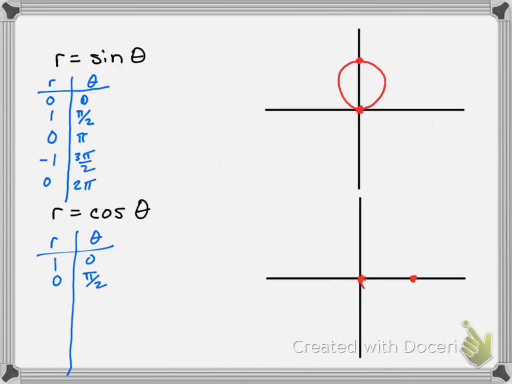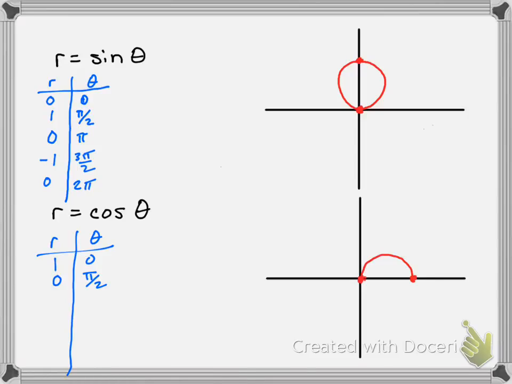I'm sorry, let me back that up. We started out over here, so we're coming this direction. Your polar graphs are always going to be curves, and they're going to be curved going in a counterclockwise direction. So our first point was here, and the second point was here, so we go in a counterclockwise direction every time.